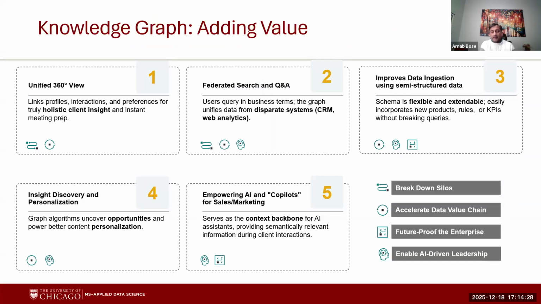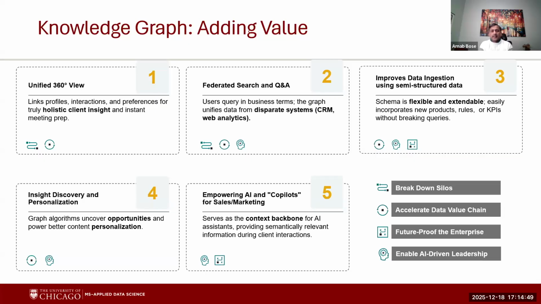So you could have a CRM, like a customer relation management system. Web analytics maybe is stored in some other repository, and a graph database can bring all of this together, right? Once you're able to do all this federated search, right, it really pushes the AI-driven organizational change.